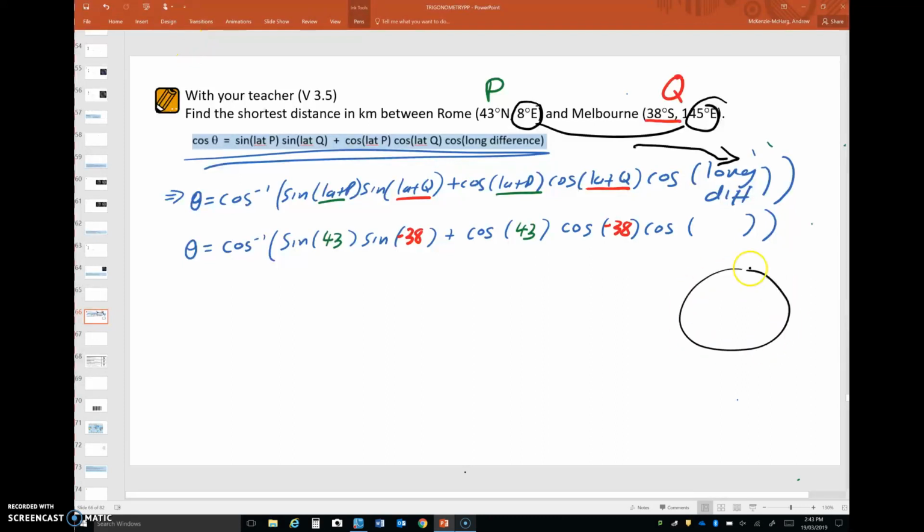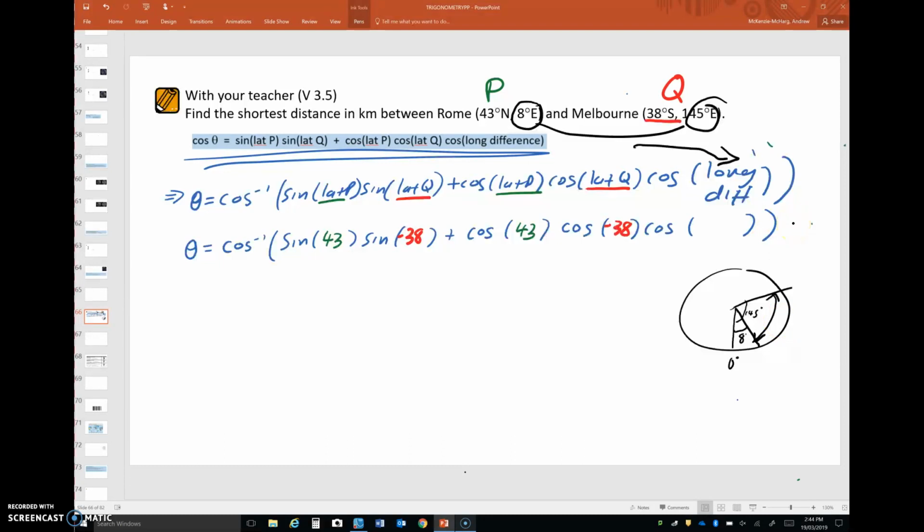Okay, the longitudinal difference. Let's work that out. Just do a little diagram to help us. There's 0 degrees there at the prime meridian. And Rome is 8 degrees to the east. And Melbourne is 145 degrees to the east. So the difference between those two is going to give us our longitudinal difference in there.